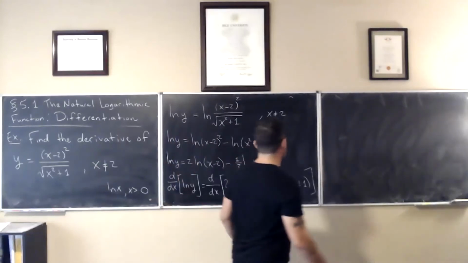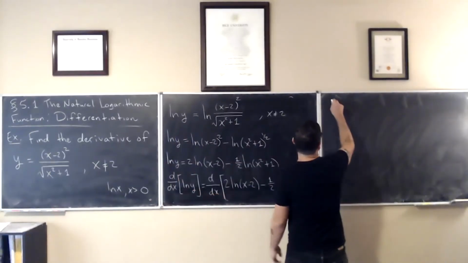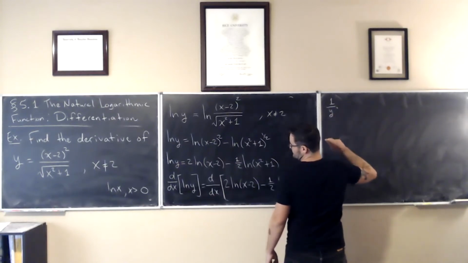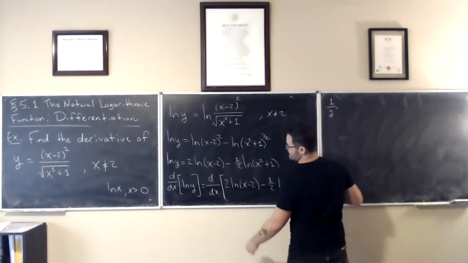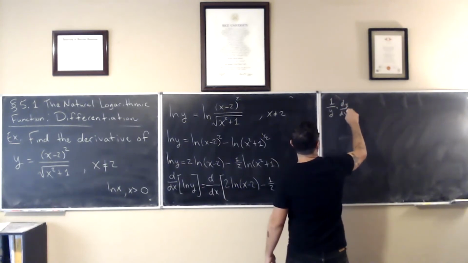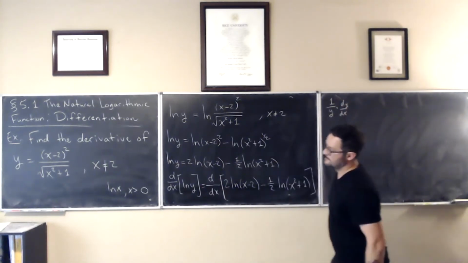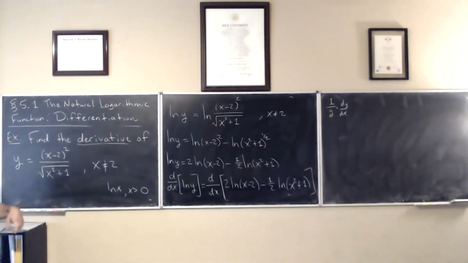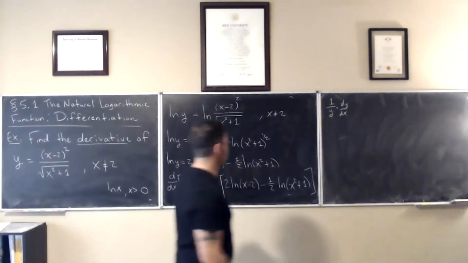So we just apply the rule. This will be 1 over y times dy/dx, right? And that's what we're searching for. We're trying to find dy/dx, and I see it right there.